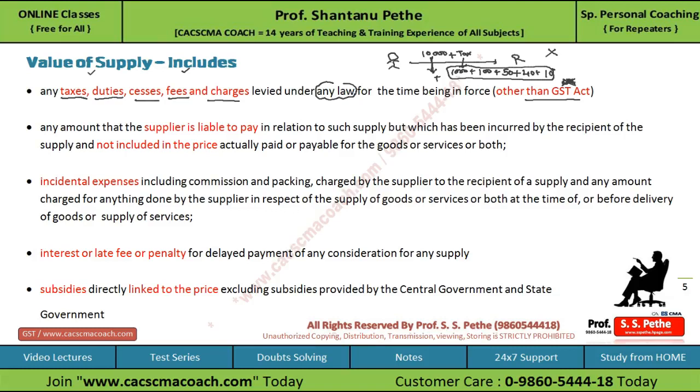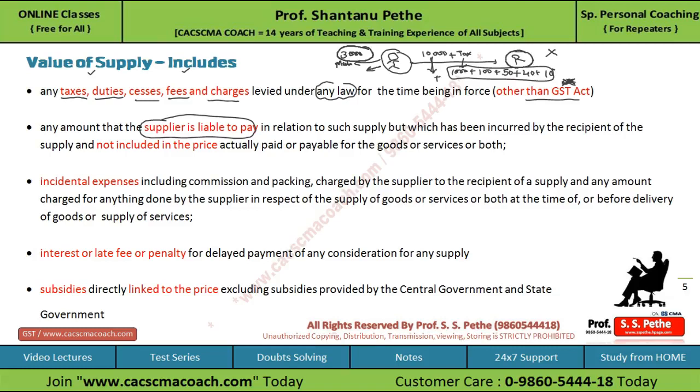Now the second case, they say that any amount that the supplier is liable to pay. Suppose the supplier was having a mobile bill to be paid by the supplier and the value of the bill was 3,000. So a 3,000 rupees mobile bill was supposed to be paid by the supplier. But this liability of 3,000 rupees is discharged by the recipient of the supply separately towards this supply.